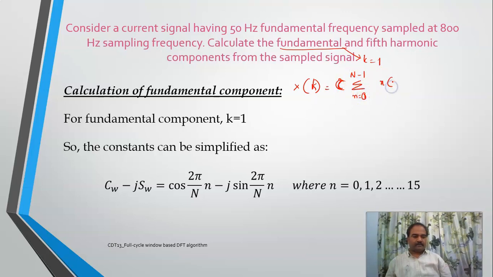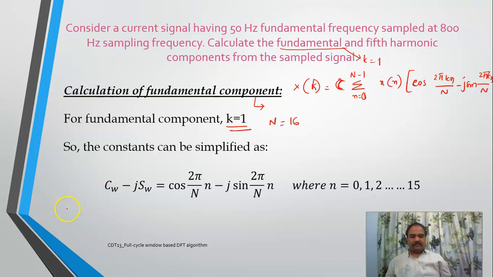This is x of n into e to the power of, or I can write it as cos of 2 pi k n by capital N minus j sine 2 pi k n by capital N, right? Here, if I am going for the fundamental component, k is equal to 1. And you know, the number of samples we have already seen, it is 16.